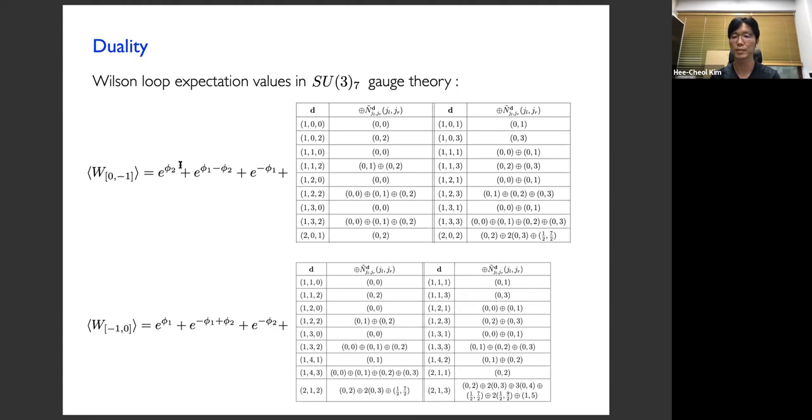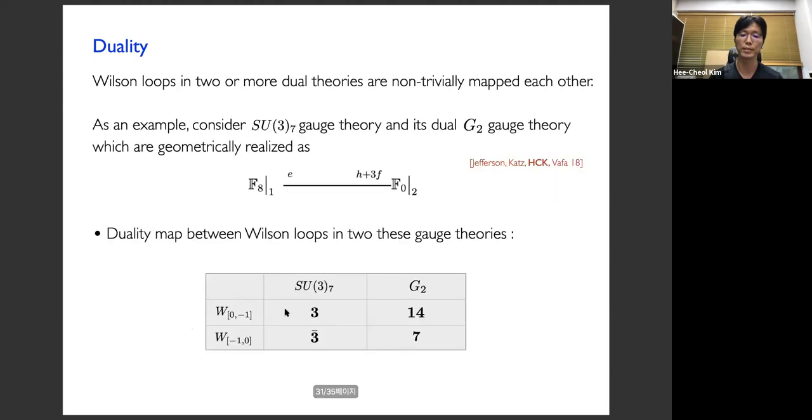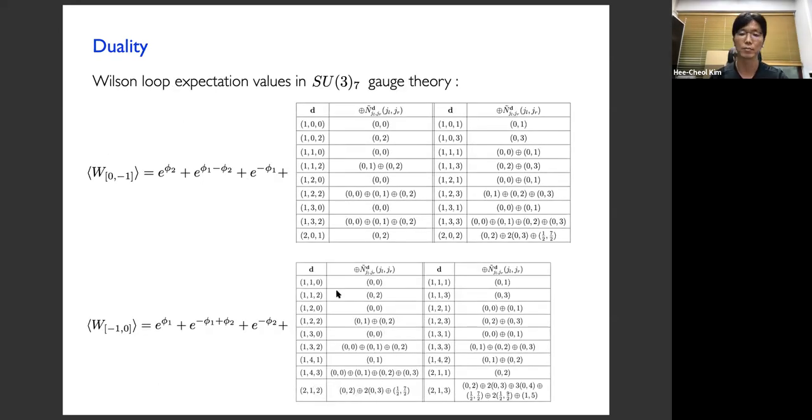The first three terms are the classical contributions, and the terms in this box are the instanton corrections we computed using blowup equations. We also computed the dual Wilson loops in G2 gauge theory and checked that they completely match. So this duality map between Wilson loop expectation values can be checked by computing their spectrum. Therefore, our blowup approach for the Wilson loops provides another concrete tool to check dualities.